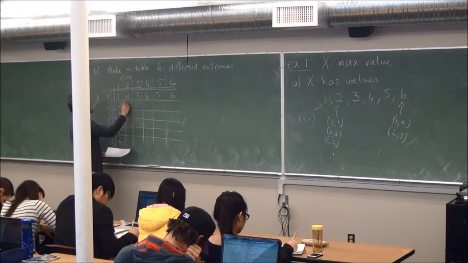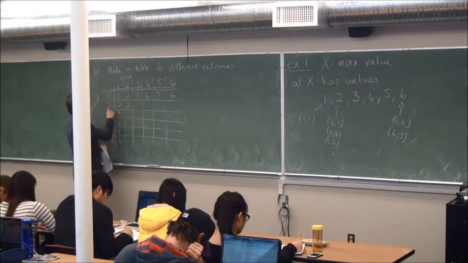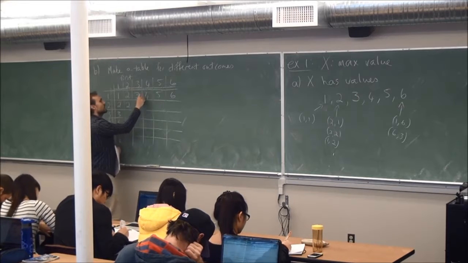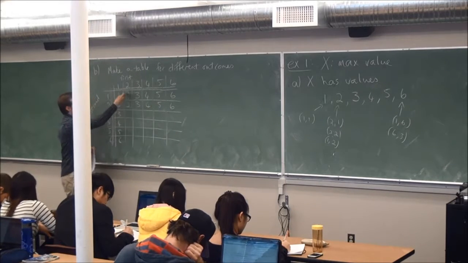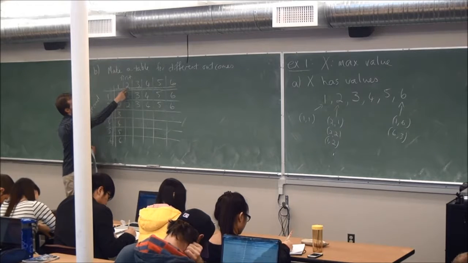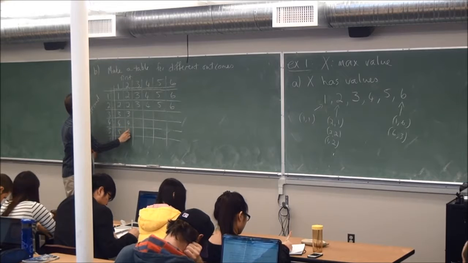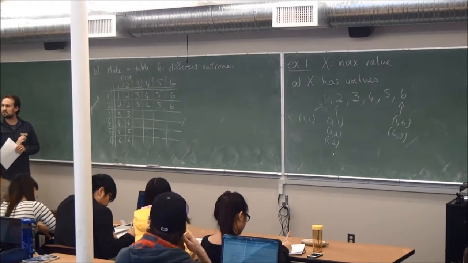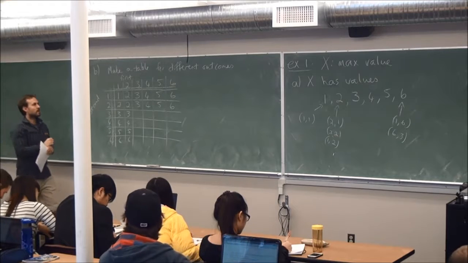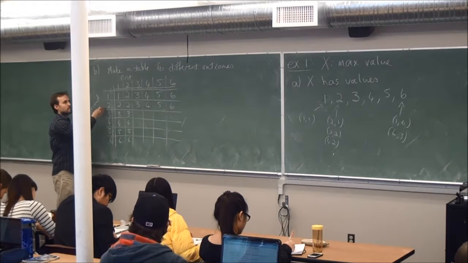A 2 and a 2 is going to give me a 2. You can pull this out any way you want. A 2 with a 3, and this top guy takes over, and he's going to be the maximum value. If I go down the column here, a 2 with a 3, 4, 5, 6, well, that second roll is going to be the highest one. Is everyone making sense of what I'm doing here? I have 2 rolls in my experiment.